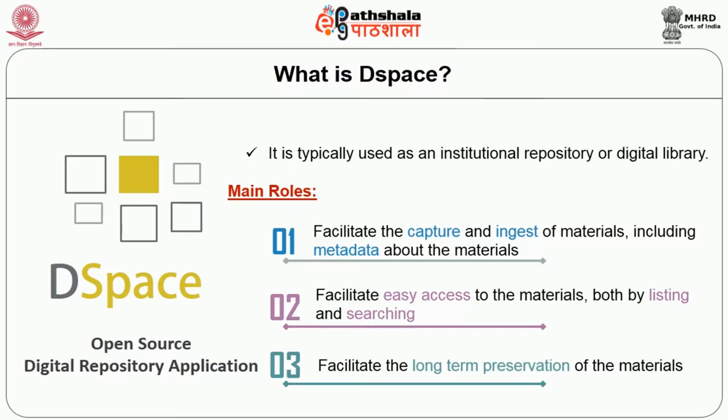Metadata is nothing but bibliographic data to identify this content, data about data. Second is easy access to the material, both by listing or searching, that is browsing and searching. And third is long-term preservation of this material. So these are the 3 main characteristics DSpace has and can be used to implement.